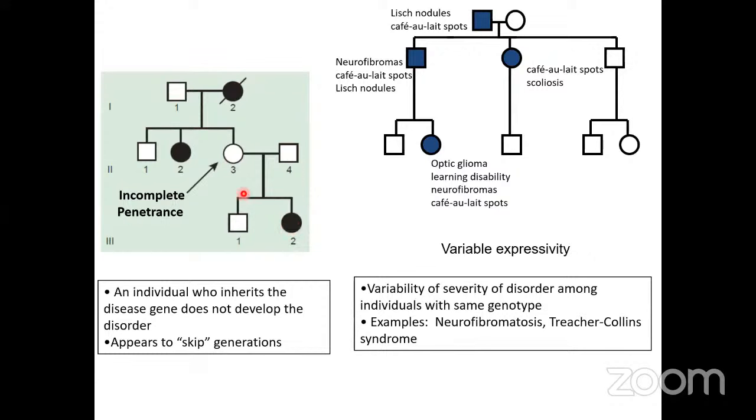An individual who inherits the disease, definitely she is an obligate carrier. She has to carry this gene, otherwise it's not possible for this 3 to get this disease. So she is inheriting this gene but does not develop the disorder. It appears to skip a generation. That's called skipping of generation. This is due to incomplete penetrance.